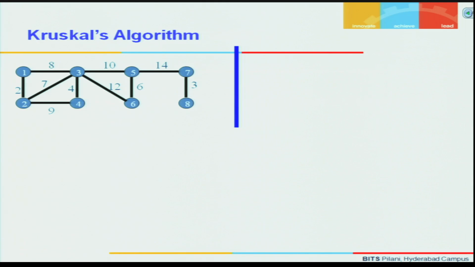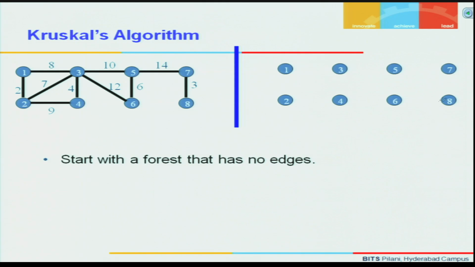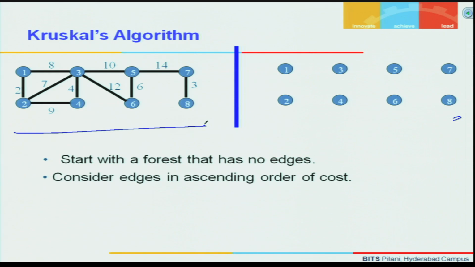Now tell me, what is the forest of all these vertices? This is the forest of this graph. Then consider the edges in the ascending order. What is the edge that is having the minimum weight? This particular edge is having the minimum weight of all. So I will try to put this.